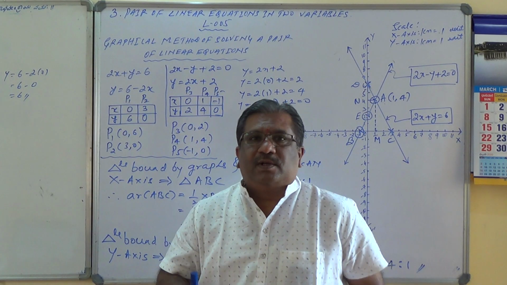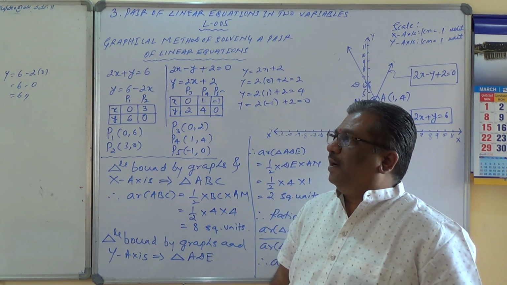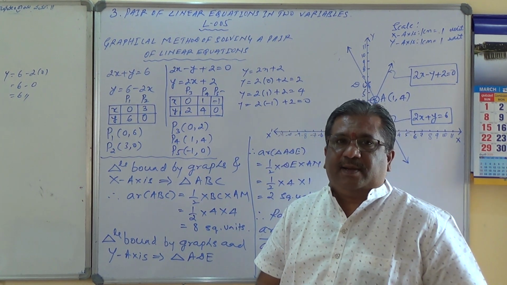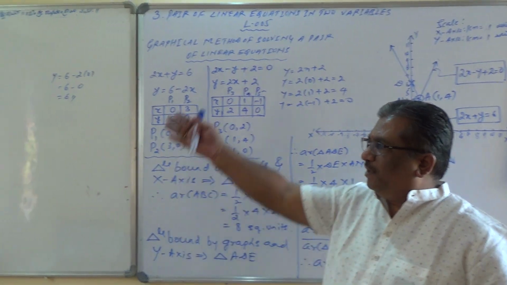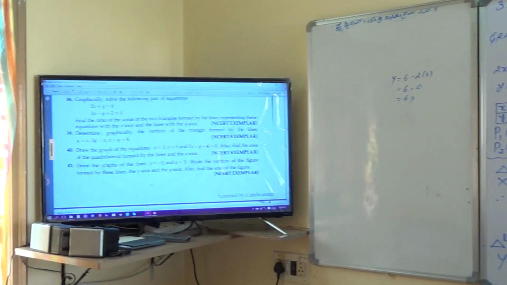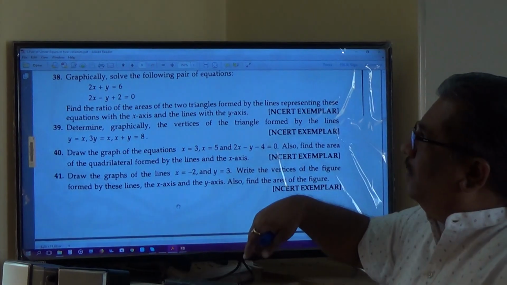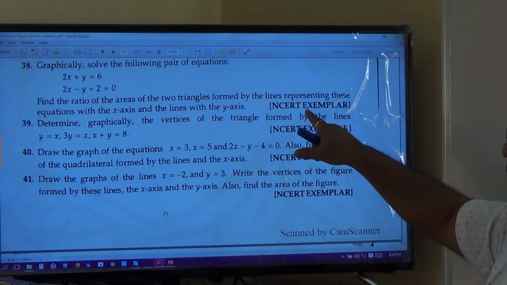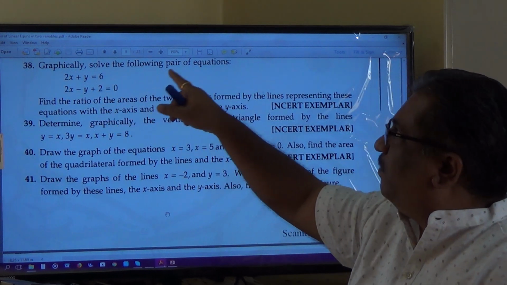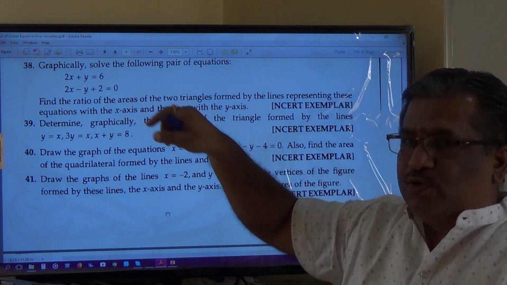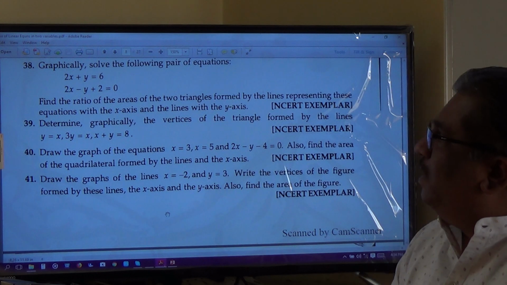We'll solve one more numerical, and that is from NCERT Exemplar. Have a look at the numerical there. Graphically solve the following pair of equations. These two we have to solve by the graphical method.